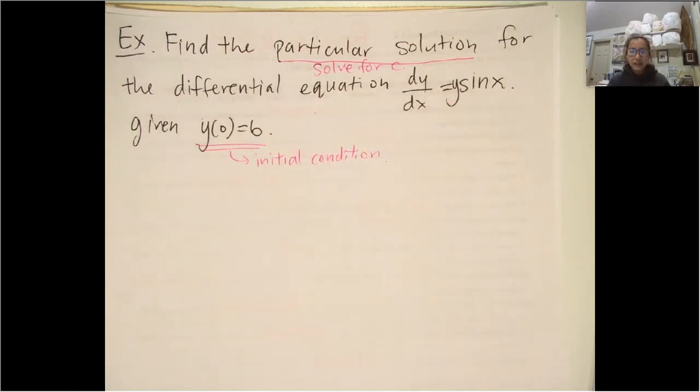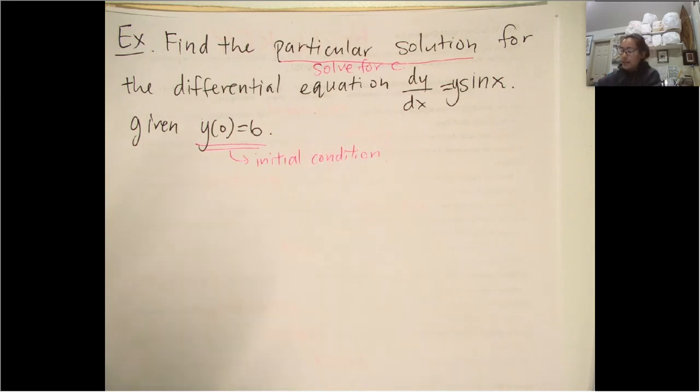So anytime it asks you for a particular solution, there is an initial condition somewhere in the problem that you need to solve for. Okay, so let's go ahead and give this a try. Same as for general solution, we're going to go ahead and separate the variables.